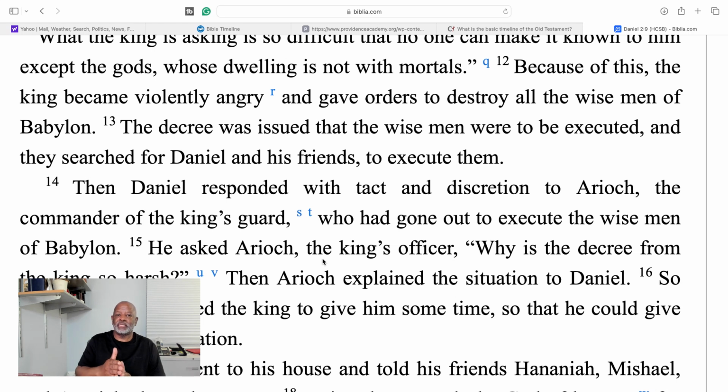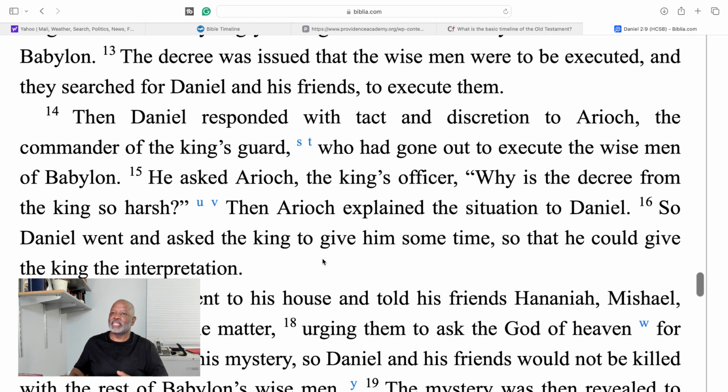We will see this probably in a couple of chapters down when we get to the Medes and Persians, where they have this law. They call it the law of the Medes and Persians, that once the law is in effect, you cannot change it, and it shows you how silly men can be. But in this case, the king did not want to execute Daniel, yet now, because of his foolishness and impulsiveness, here you have this.